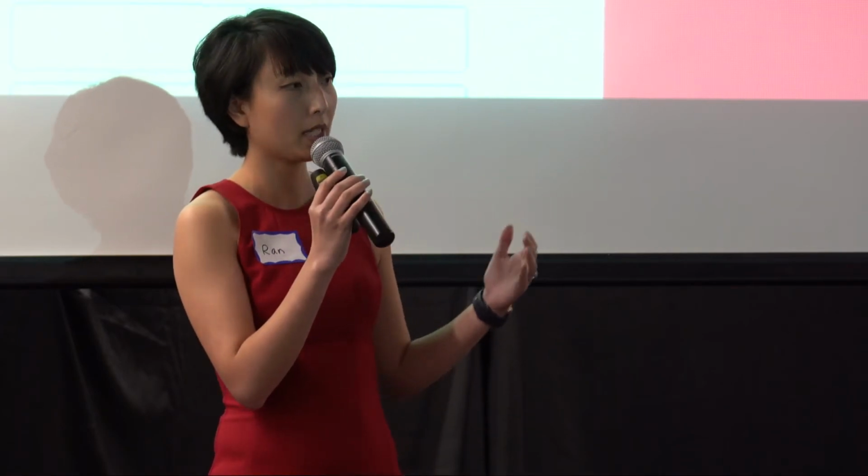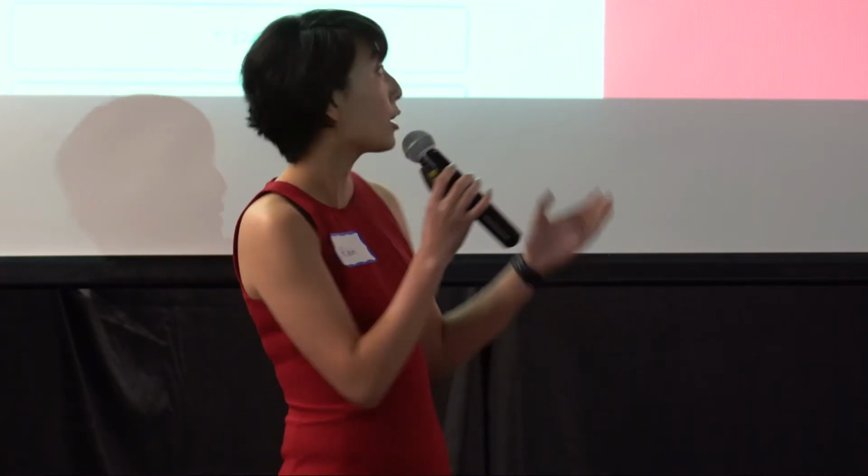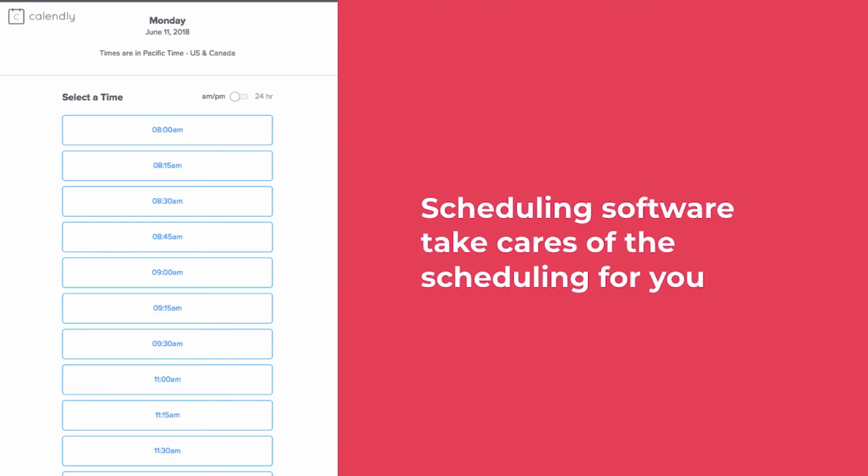Once your participant clicks on the link you send them in your email, they'll see something like this, which is a list of available times. They can then just select a time that works best for them. And both you and your participant will get a calendar invite afterward once it's selected. The software will also handle all the rescheduling and cancellations in the future if needed.